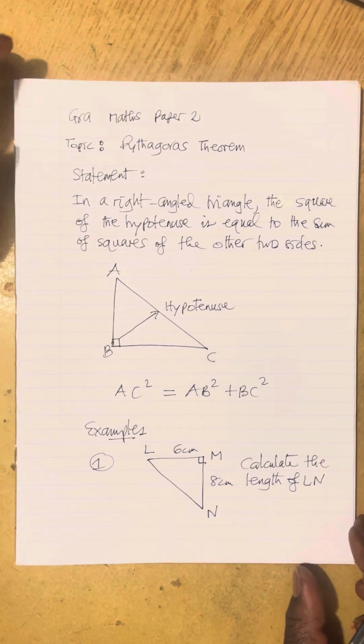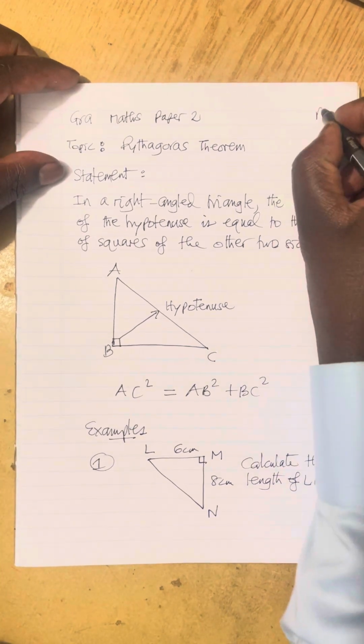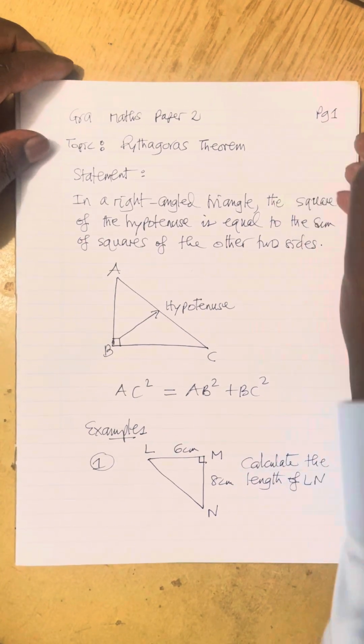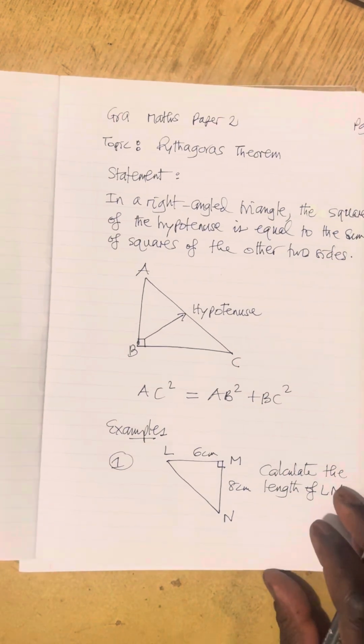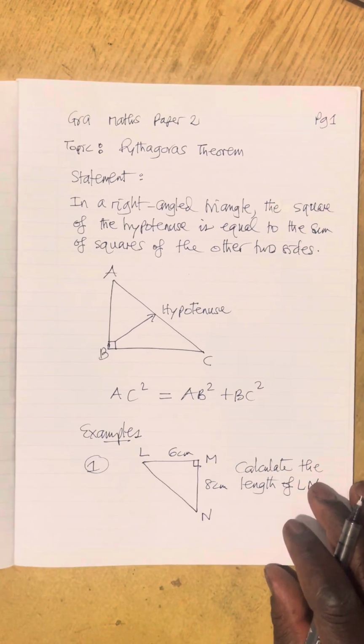Now, how do we answer this question? So let's call this page 1. And I move straight to page 2, maintaining this one here, so you can see where I'm coming from.